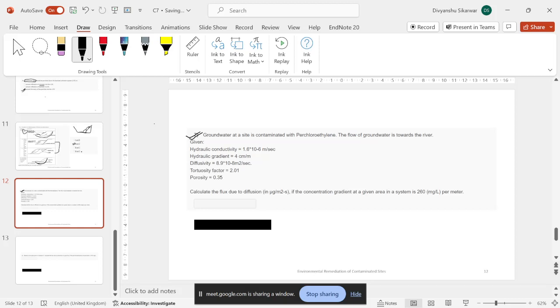This is the next problem. This is basically a numerical, and a similar type of numerical was discussed in week 7.